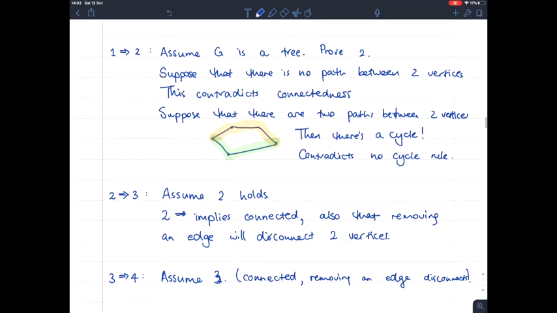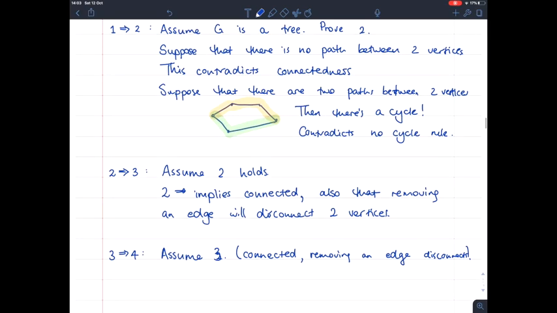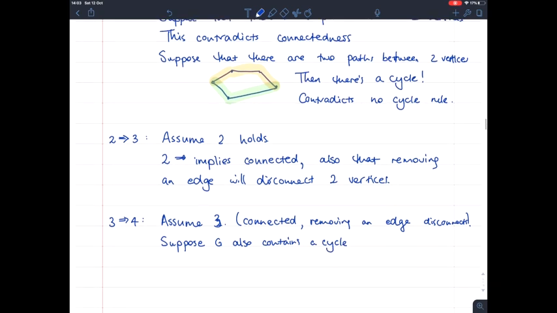So the first thing we need to do is show that G contains no cycles. Well, let's suppose that G does contain a cycle. Here's a very simple graph that contains a cycle. But we're also assuming that 3 holds, so we're assuming that if I remove an edge, then my resulting graph will be disconnected.